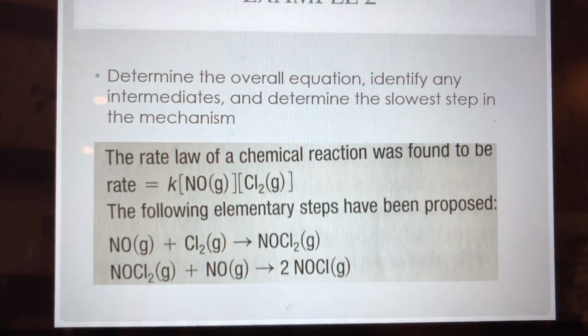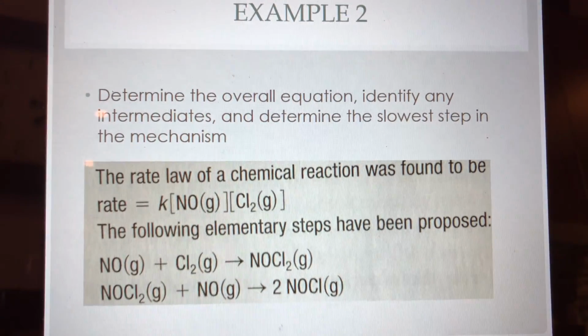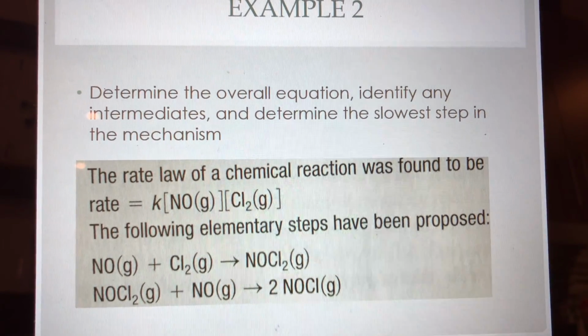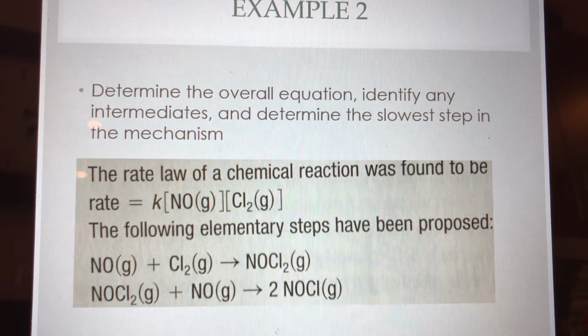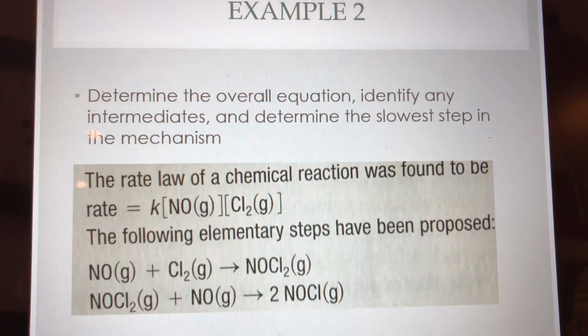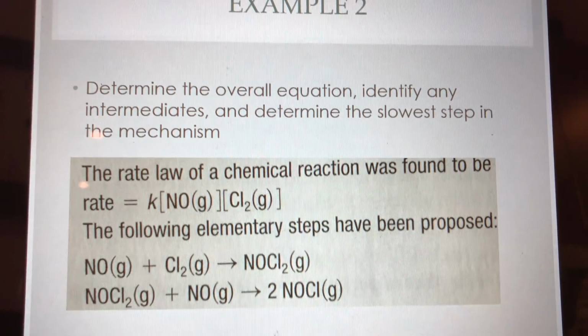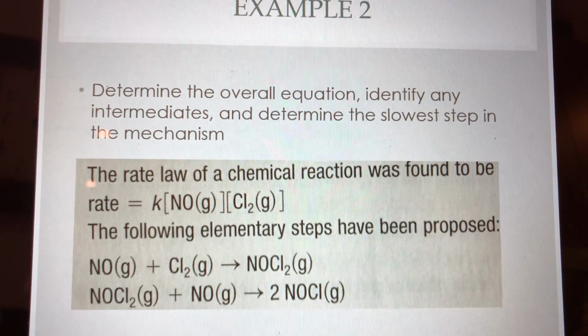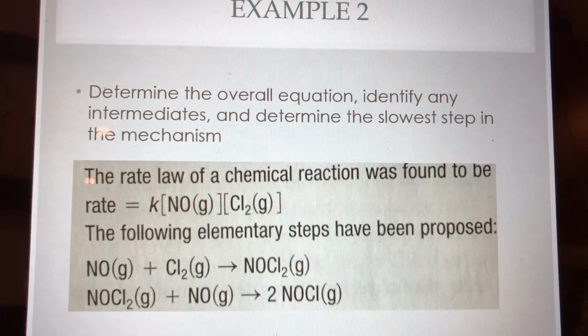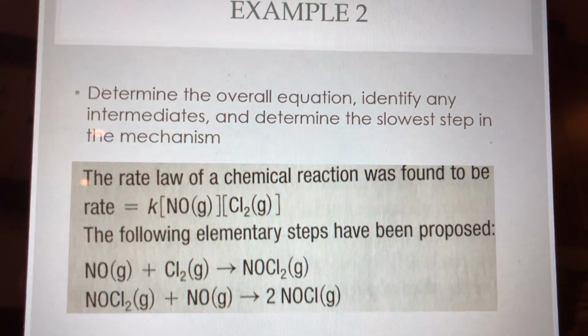Okay, so we're going to go back to the screen for a sec. And we're now going to do another example. So here they gave you the rate law of a chemical reaction that was determined experimentally, and then they gave you some elementary steps, and then they said determine the overall equation, identify any intermediates, and determine the slowest step in this mechanism.